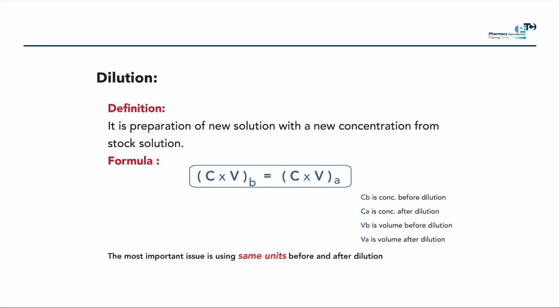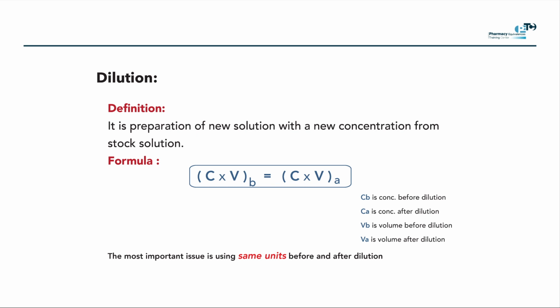But there is a very important thing. The units used must be the same in both sides of this equation. If we use the concentration unit milligram per milliliter, the other side must be milligram per milliliter.